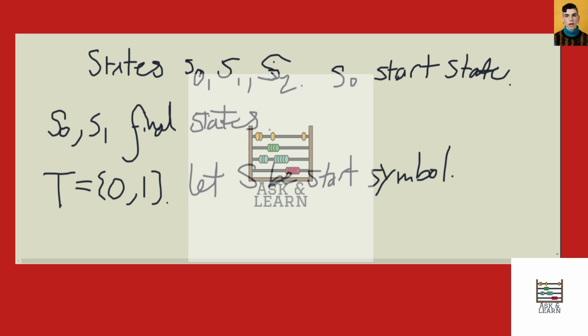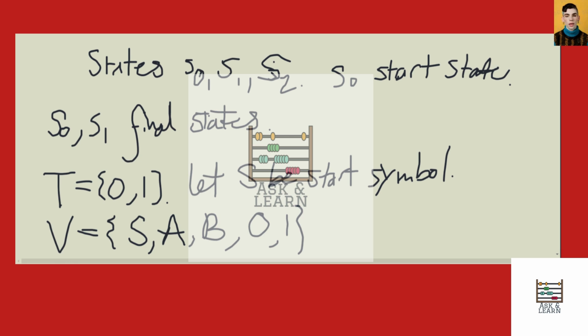Looking at the figure, we see that there are two states coming from the start state, and therefore we need two other non-terminal symbols, A and B, so it follows that the vocabulary V is going to be the set {S, A, B, 0, 1}. And now all we need is the productions.